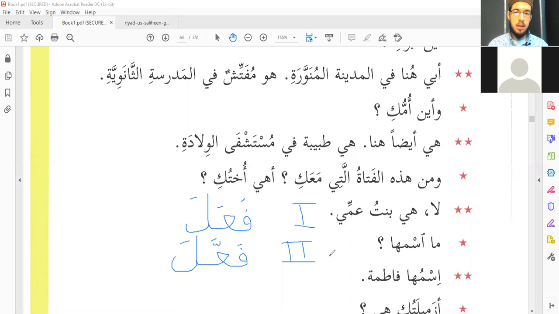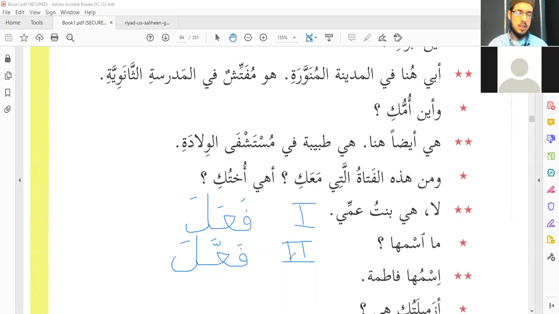And the third type of meaning communicated by this form is that something intransitive, meaning a verb that does not affect another object, now all of a sudden affects another object. So jalasa, right, to sit, is an intransitive verb. It does not have an object. All of a sudden it becomes jalasa, to make someone sit, right?